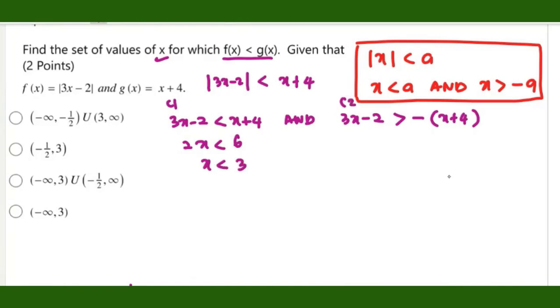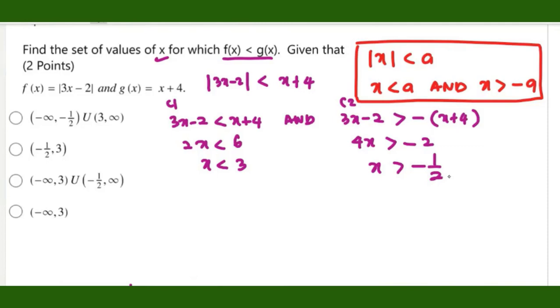As for case 2, we shall end up having 3x plus x, which should be 4x, which should be more than negative 2. Finally, having x more than negative 1 over 2.